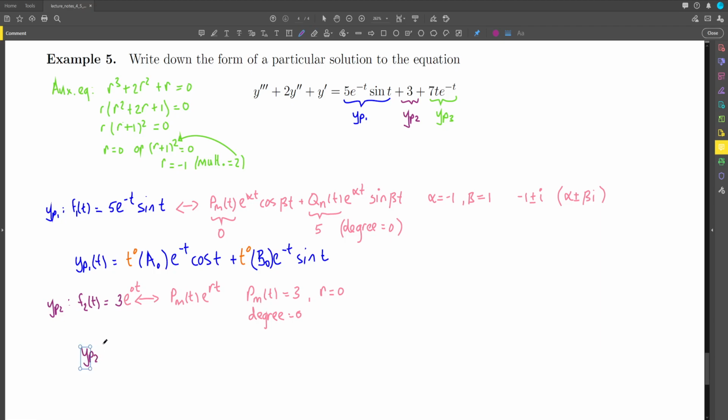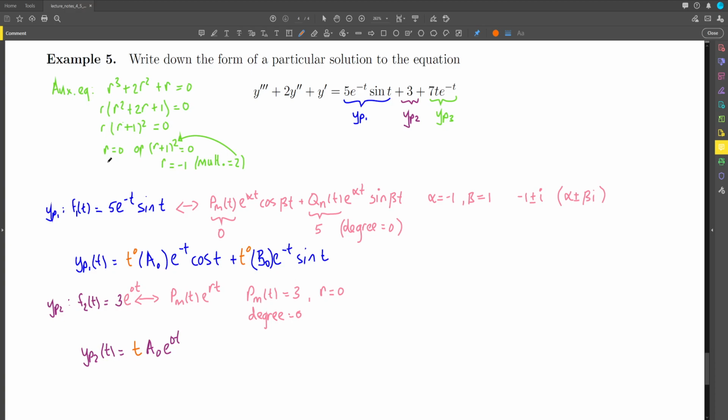Yp2 of t is going to be a general polynomial of degree 0, so that's going to look like a naught, and then e to the power 0t, and then we have to multiply that by a factor of t. So we need to look at the multiplicity of the root r equals 0 and see if that's part of the auxiliary equation.